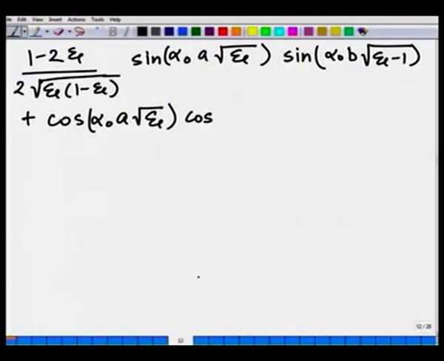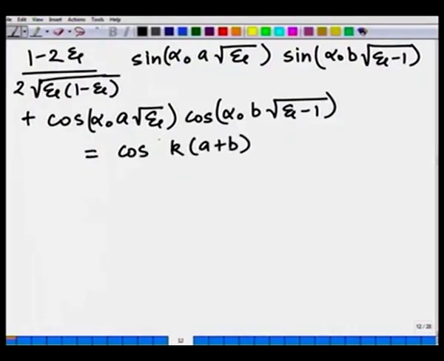For that condition I am writing the equation. In that case, all the quantities in equation A1 were real, and therefore beta was real, and hence we do not have any hyperbolic functions here. So, cosine of alpha naught b square root of zeta minus 1 should be equal to cosine of k times a plus b, and this of course is for energy greater than V0 and zeta therefore greater than 1.